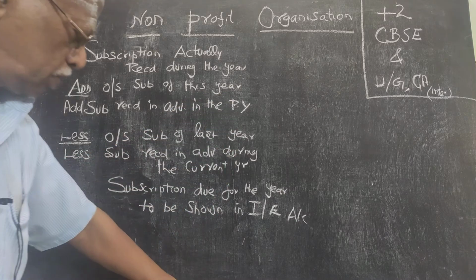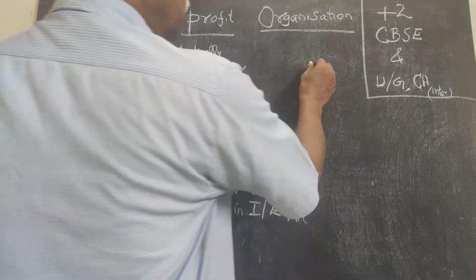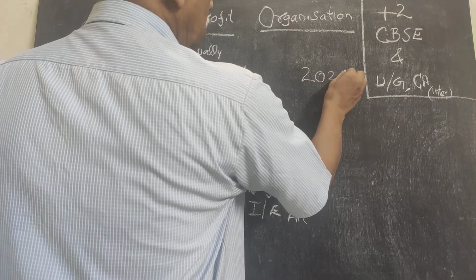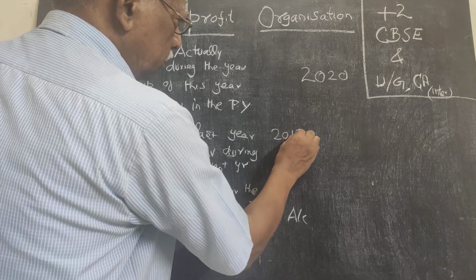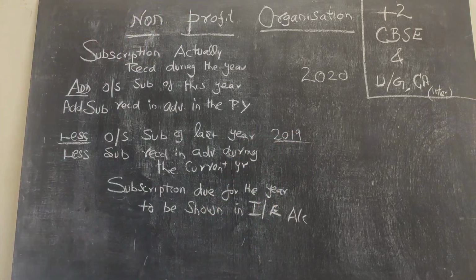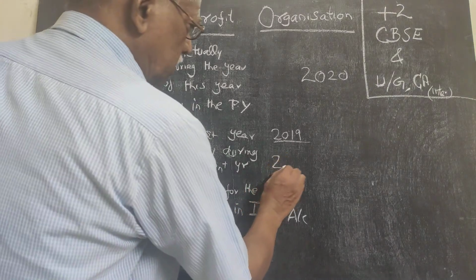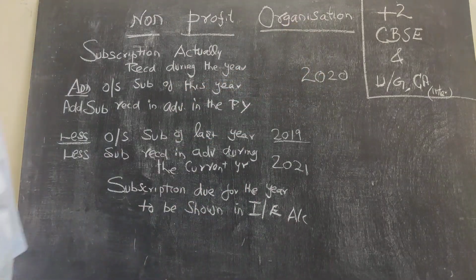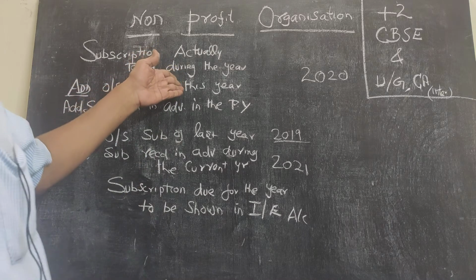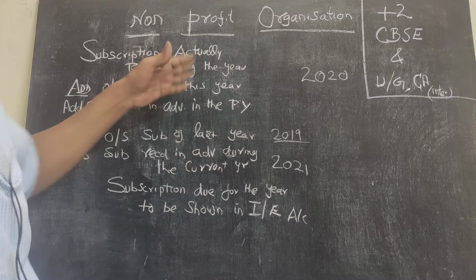For example, if it is say 2020, the subscription due, we might have received during this year, and sometimes for the next year 2021 also could have been received during this year, and this will not be reflected in receipts and payments.